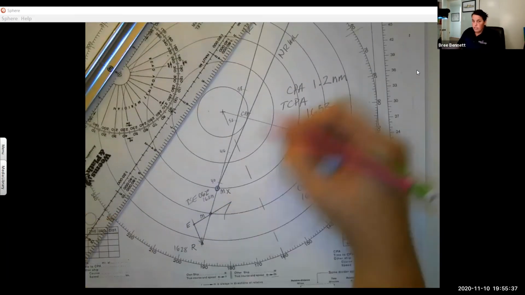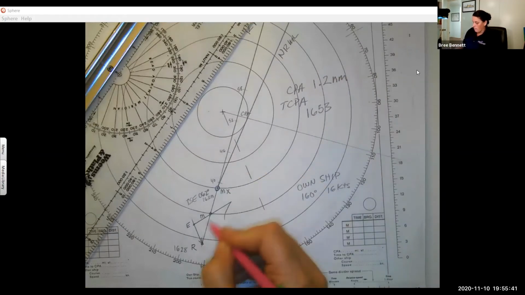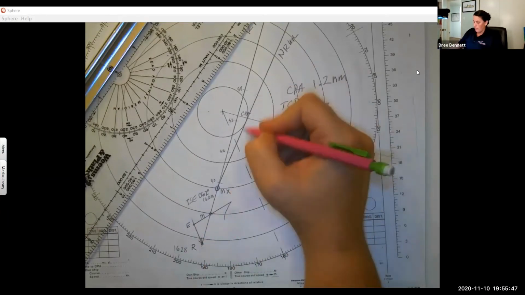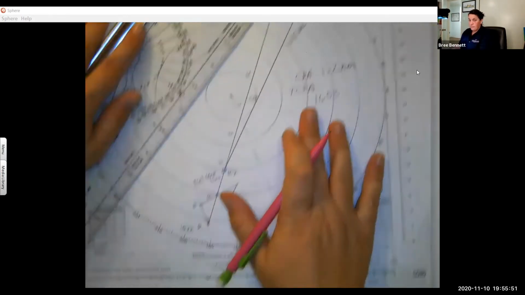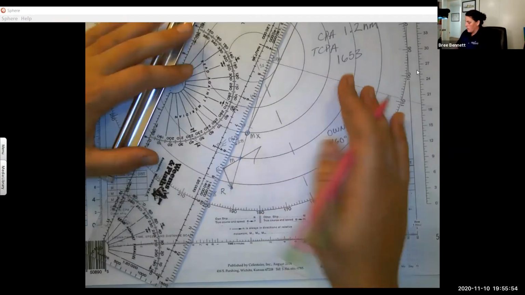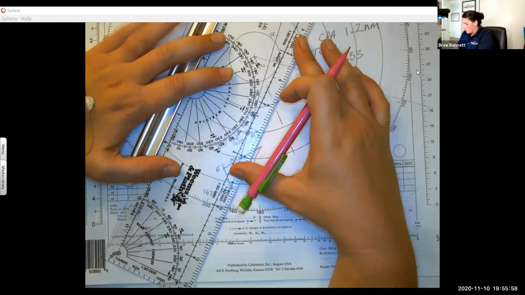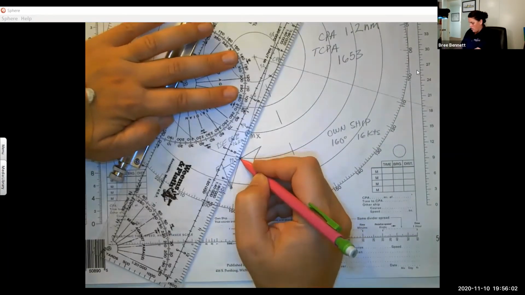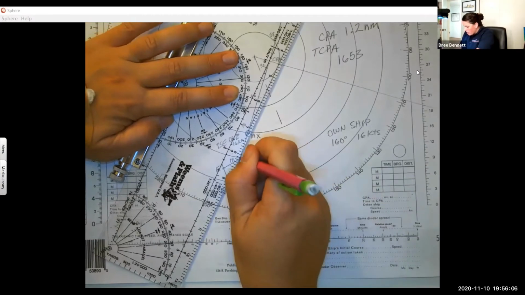So I have my new relative motion line, and now I'm going to bring that back to my other M to create a new triangle back here. So this is where I want them to travel so they can pass 2 miles away from me. So I am going to parallel that line back to this M. Is that the 8, right?